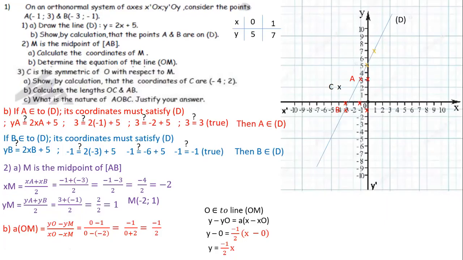C is the symmetric of O with respect to M. What do we get from this sentence? Who knows what we understand from this sentence, guys? So what should we understand from this sentence? Yes, Sarah, what do you understand from this sentence? M is the midpoint of CO.